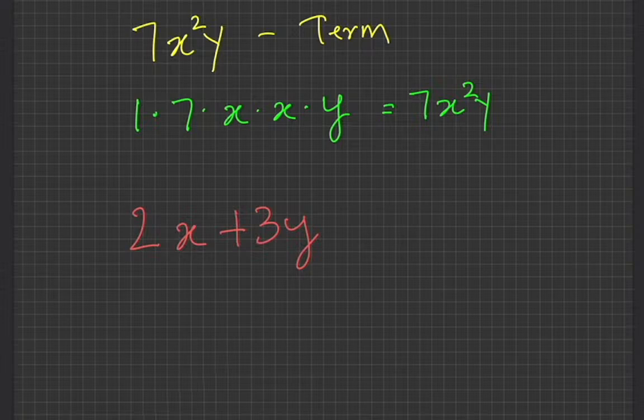In the expression 2x plus 3y, 2 is called the numerical coefficient, and x and y are called the literal coefficients, right? Okay, so the question here is: 2 and 3 are the coefficients of the terms in 2x plus 3y.